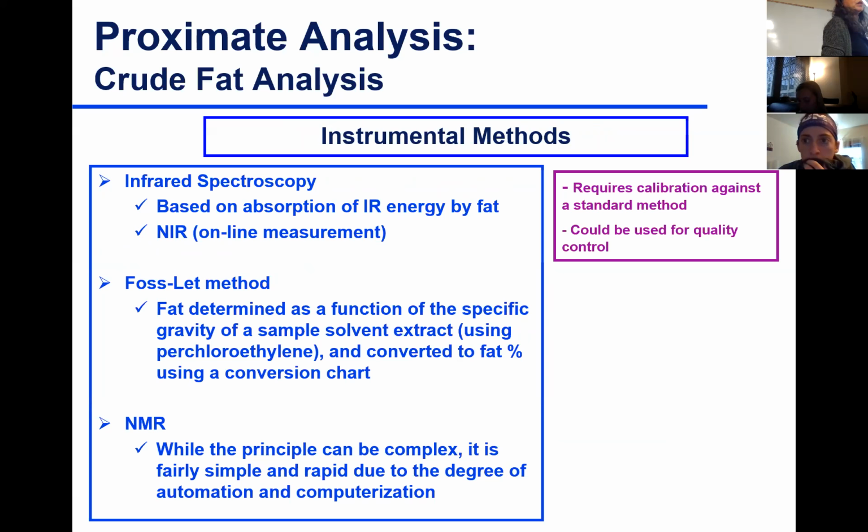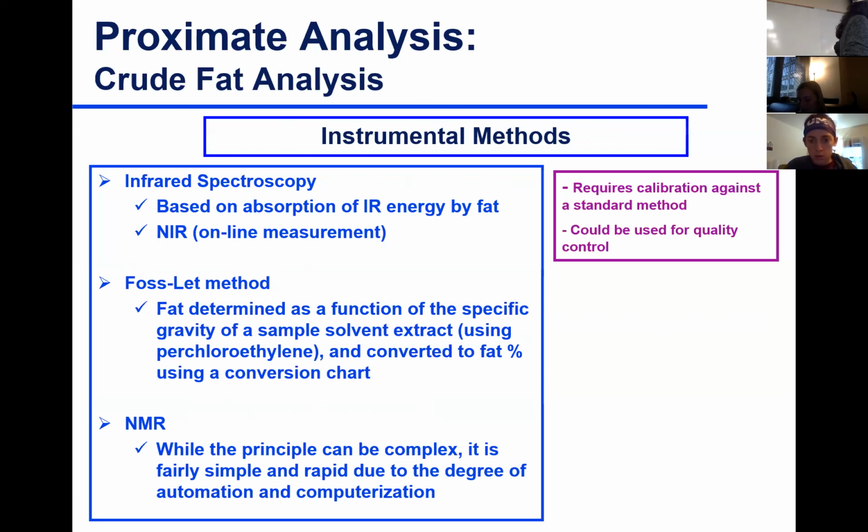It has to be calibrated often against an official method of analysis, which is either Mojonnier or Soxhlet. So it has to be calibrated with different standards, different concentrations. So remember that. It's a quick method. Once it's calibrated, you get quick results. You can use both NIR and mid-IR. NIR is used for a wide range of products and samples. Mid-IR is very commonly used for dairy products.